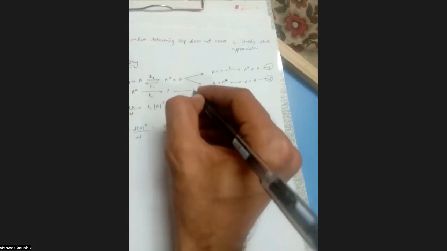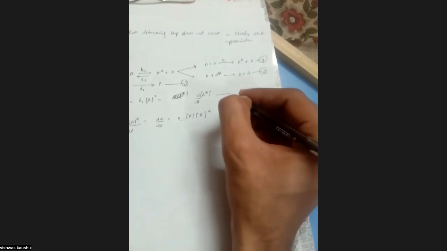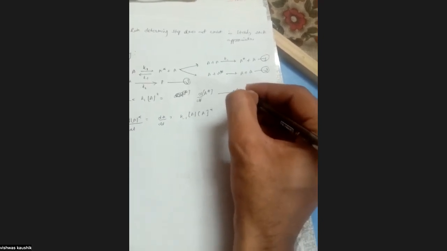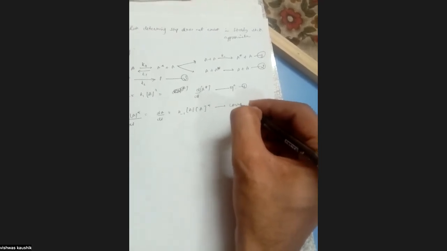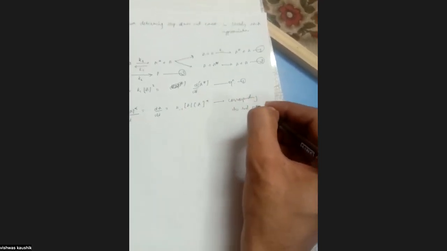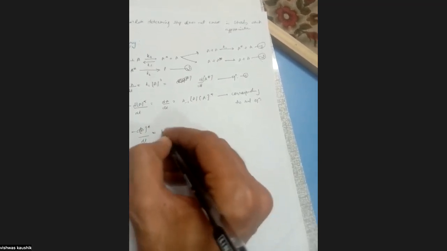So this rate equation is from the first equation. This is the rate equation corresponding to the second equation, and the rate equation corresponding to the third equation is minus dA star over dt is equal to dp over dt is equal to K2 into A star.